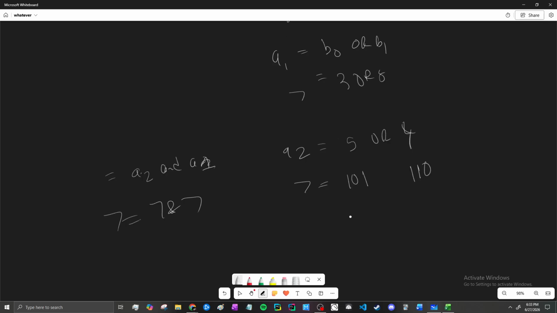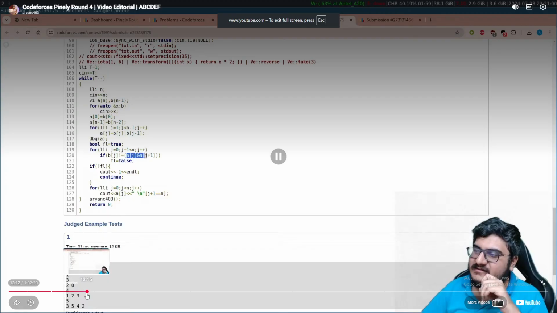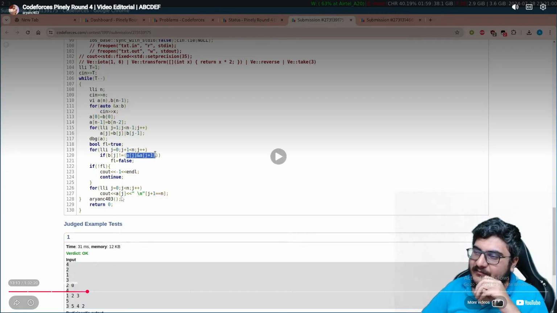Yeah, this is B2, I believe. No, no, no, B1. This isn't true. So I guess his equation isn't necessarily true. Essentially the idea for this problem works, I guess, but what's wrong? What's going on?